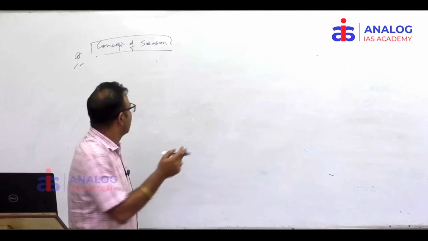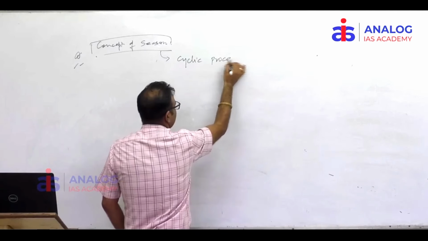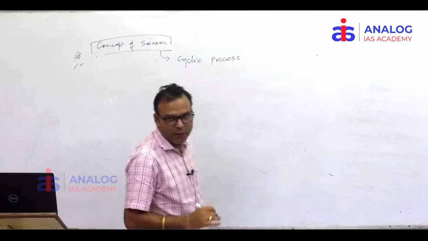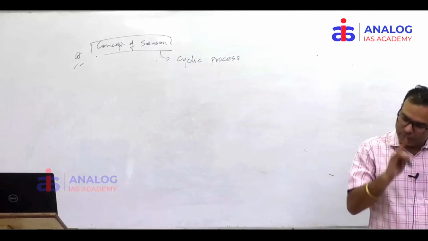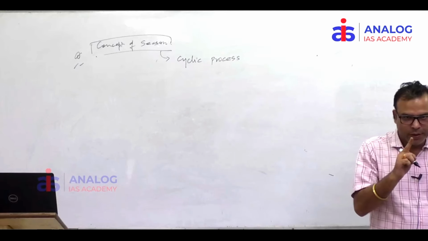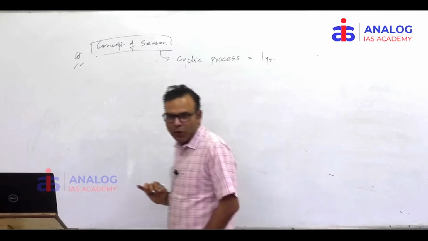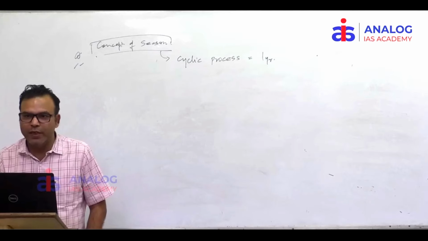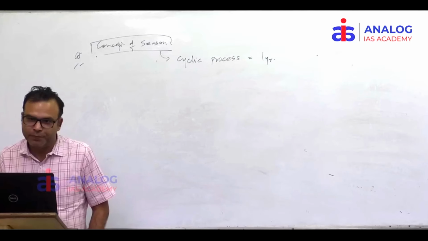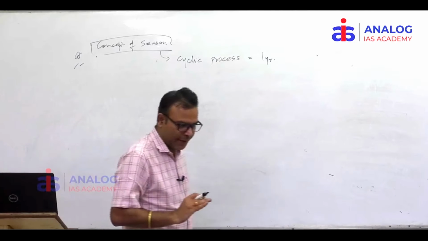So the concept of season is a cyclic process. Which process? And the cycle will complete in how much time period? 1 year. Every place on the earth, the same situation will arise after a gap of 1 year. Season is a cyclic process with a cycle of 1 year period.